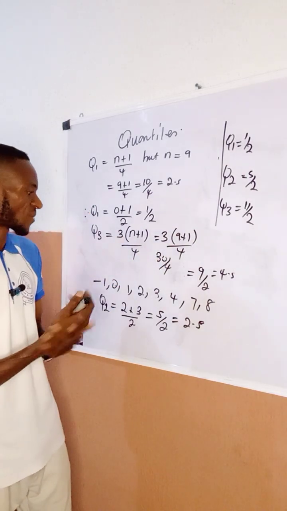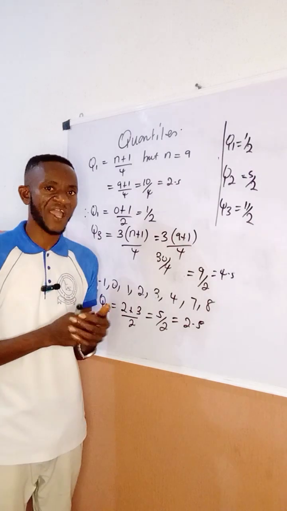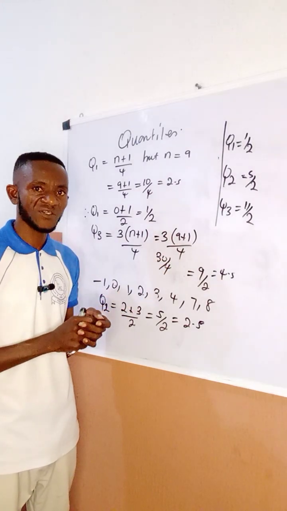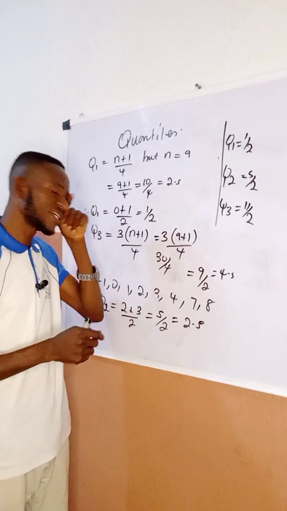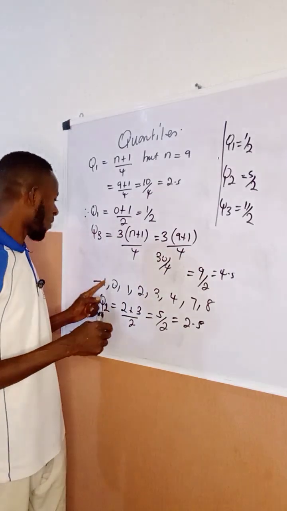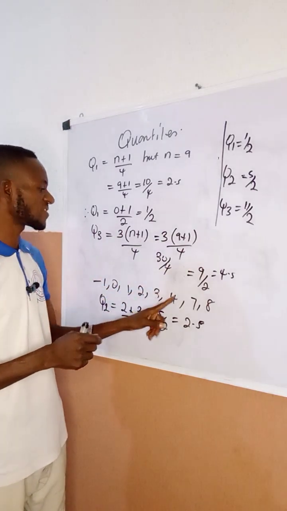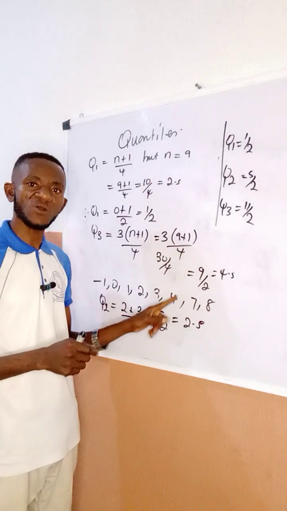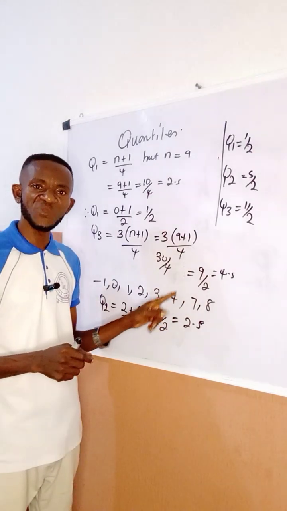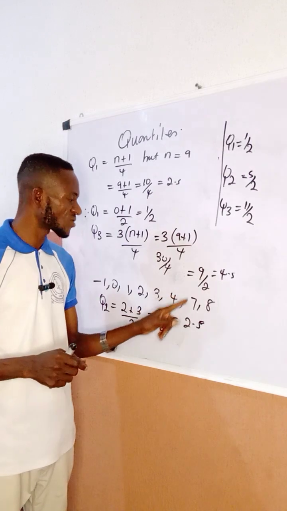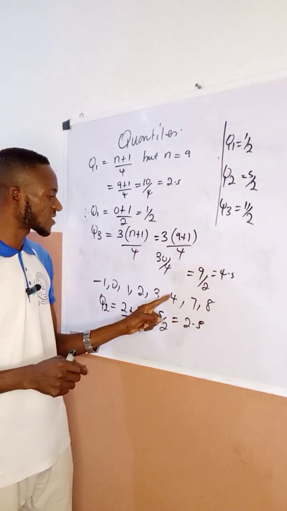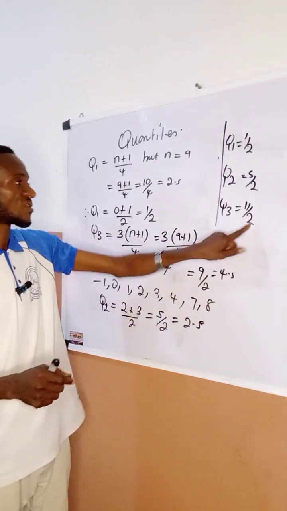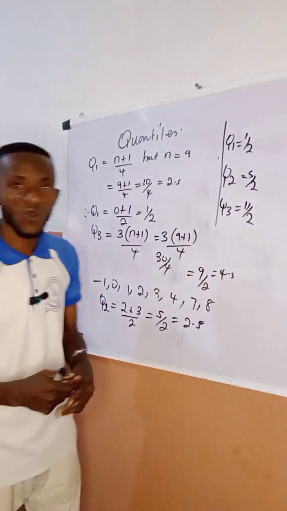I think it is 6 point something, not 4, not 5. If here had been 5, we should be talking about 5. You understand? So it should be 6 point something, and that should be 1, 2, 3, 4, 5, 6. Then it will bring you at the center here. When it brings you at the center here, of course, you are going to say 4 plus 7 to give you 11 all over 2. And that's what we have here, 11 all over 2.